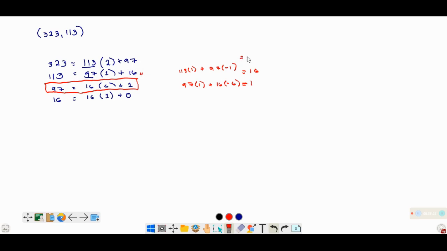Dapat ang matitira lang dito sa kabilang side ay si 97. Then write this as a linear combination for 97 having 323 times 1 and 113 times negative 2 as your left-hand side.